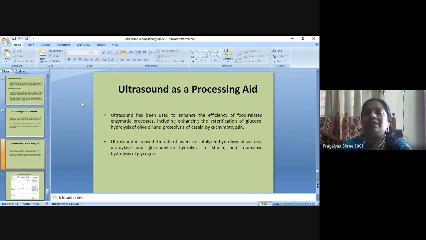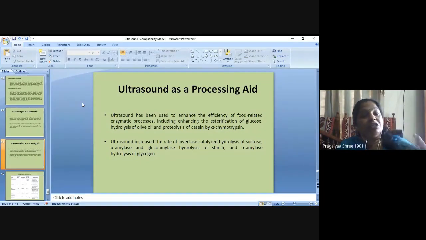Not only that, alpha amylase also hydrolyzes the glycogen. What is glycogen? Glycogen is a carbohydrate reserve which is stored in our body. When you consume an excess amount of carbohydrates, it will be stored in the body in the form of glycogen. This glycogen reserve helps us when you are starving or not getting a sufficient amount of food for your body metabolism.